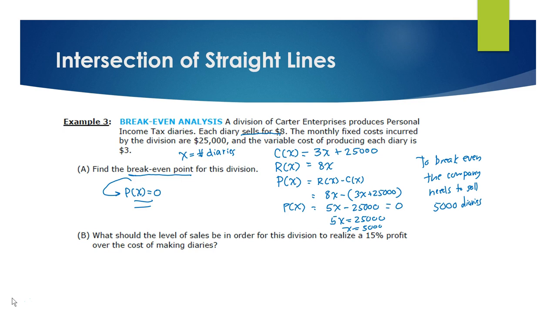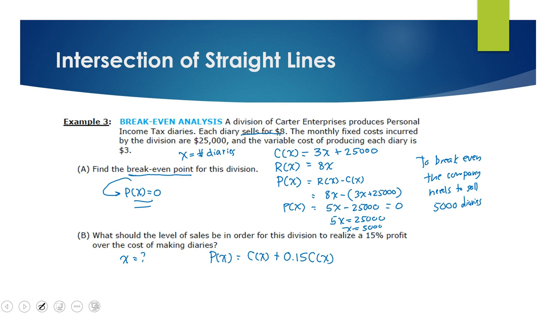For the second part, what should the level of sales be in order for the division to realize a 15% profit over the cost of making the diaries? So we're looking for an x value here. I want my profit to be equal to the cost, plus 15% of the cost.